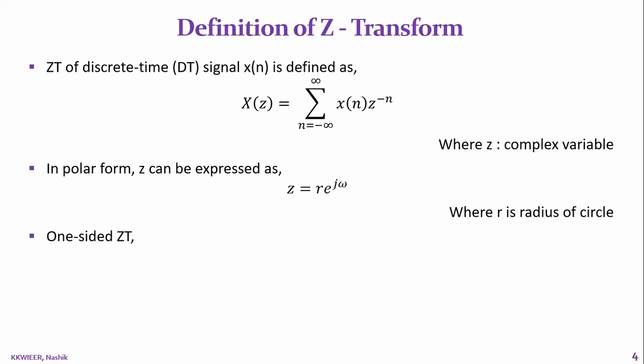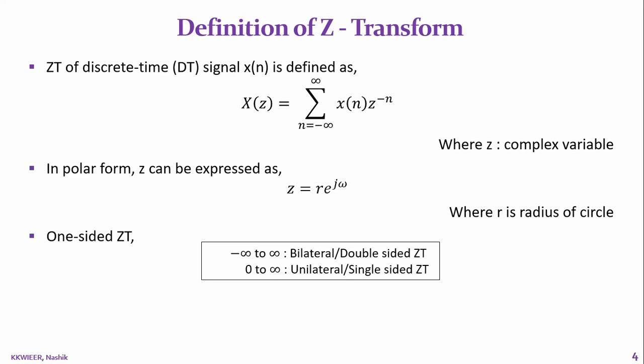So, how to consider it as a one-sided or double-sided Z transform? There is a criterion: if the summation runs from minus infinity to infinity, that means it is a bilateral or double-sided Z transform.